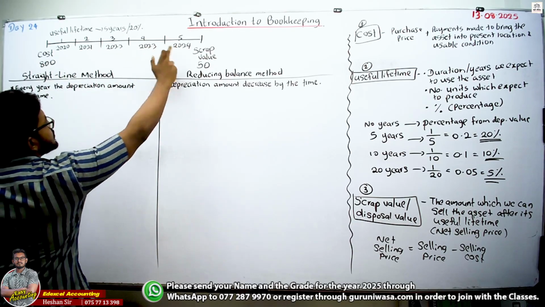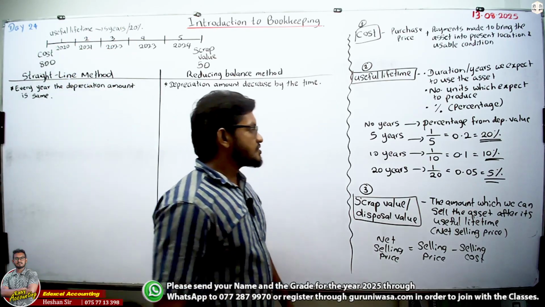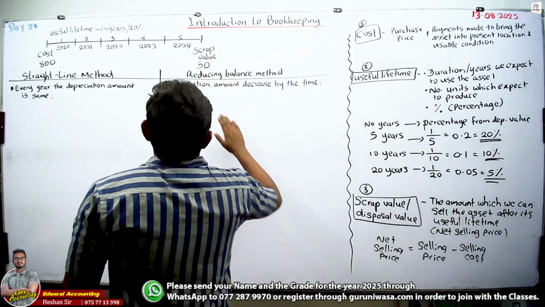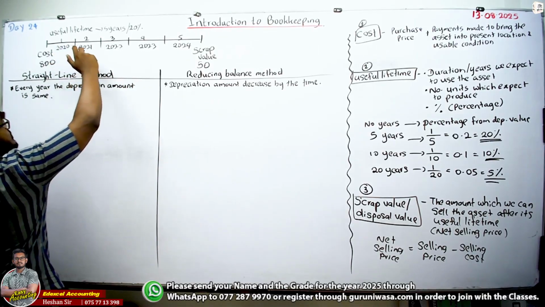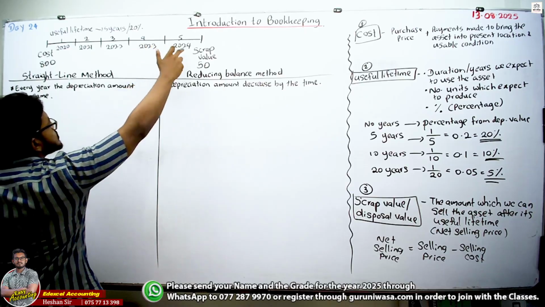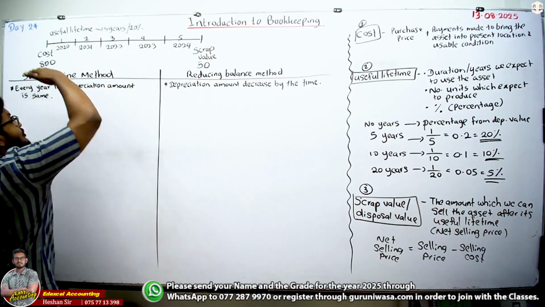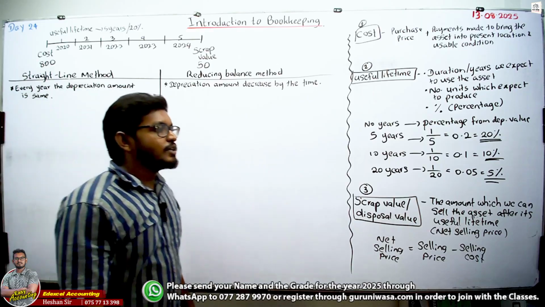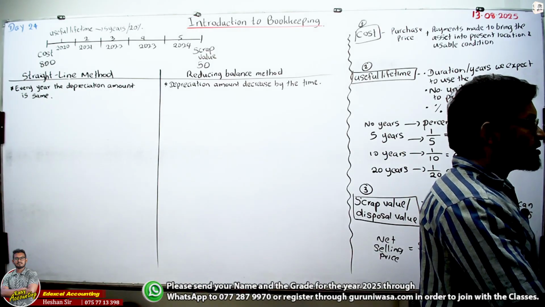Every year the depreciation amount is the same, straight line. But if we take the reducing balance, if the first year depreciation is 30,000, second year 27,000, 20,000, 15,000, 12,000, likewise the value decreases. The decreasing value also decreases. That is the term for reducing value. Hope it's clear to you.